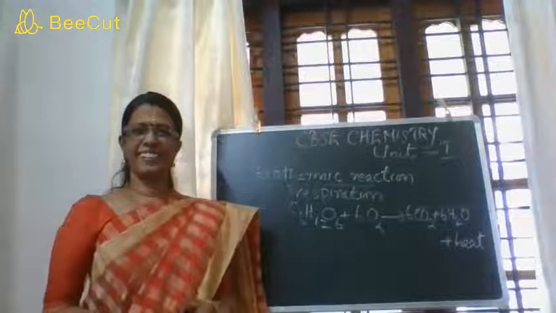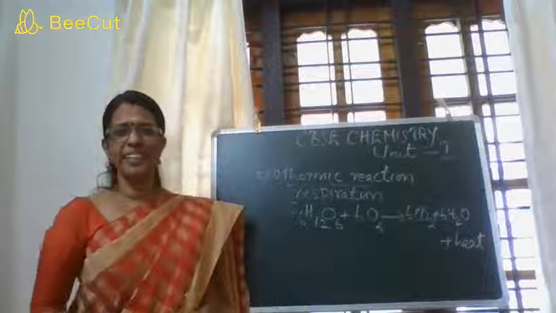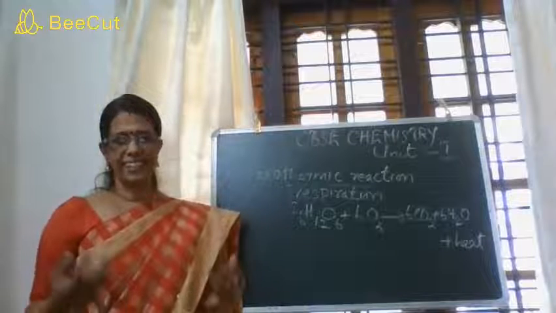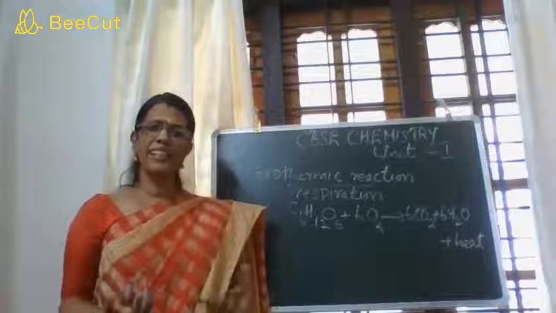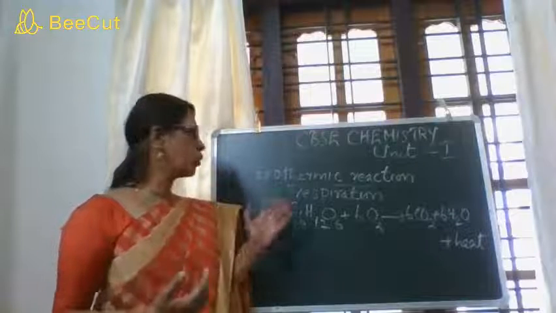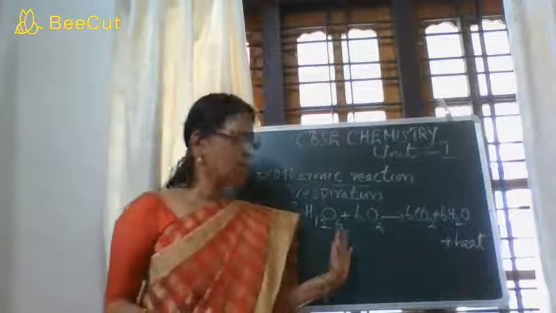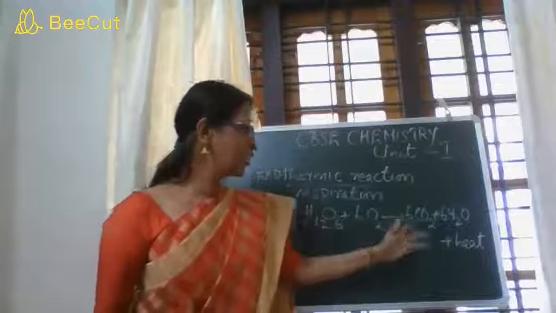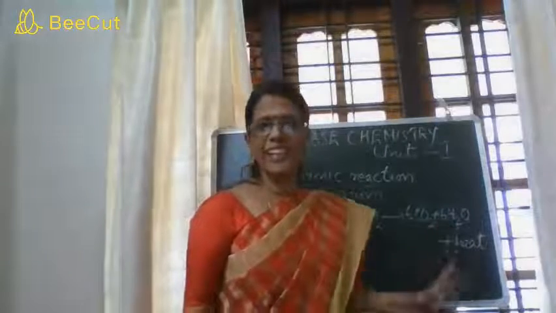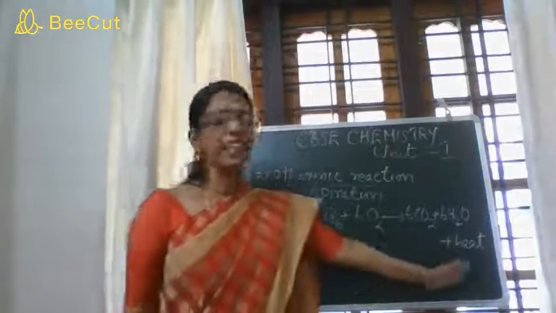Food we take in the form of carbohydrate or glucose, that is potatoes, starch, bread, rice, is broken down into glucose, and when the glucose combines with oxygen, it turns into carbon dioxide and water. Along with that, heat is produced.